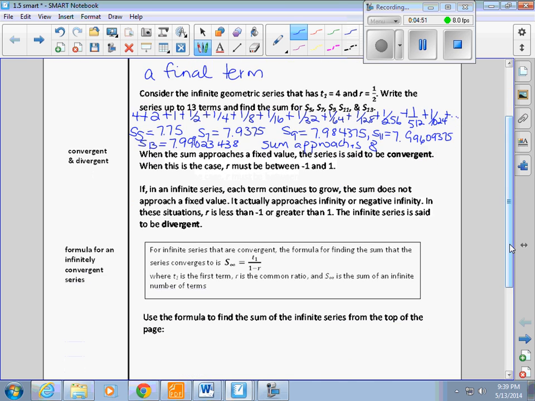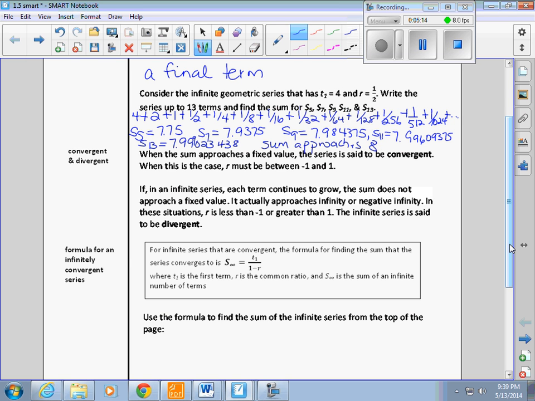So it says if in an infinite series each term continues to grow, the sum does not approach a fixed value. It actually approaches infinity or negative infinity. In these situations, r is less than -1 or it's going to be greater than 1.